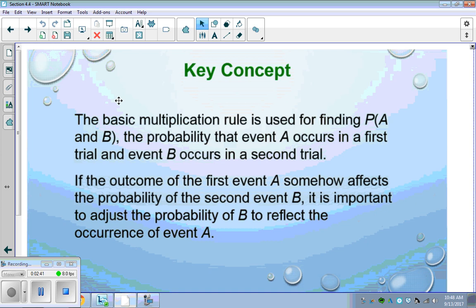That is dependent because I didn't put the first card back in. How many cards are left in that deck? 51. How many clubs are left? 12. So drawing a club and a club without replacement means that the second one is dependent on the first event. Okay?